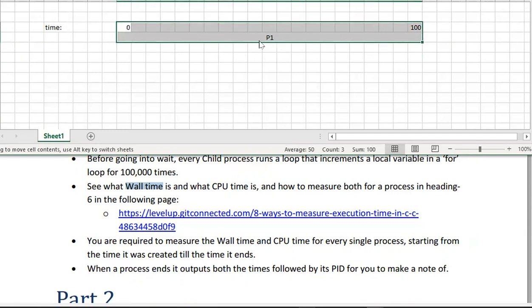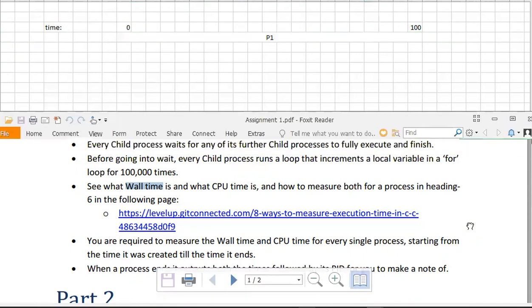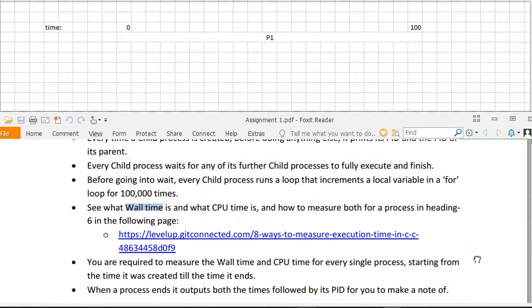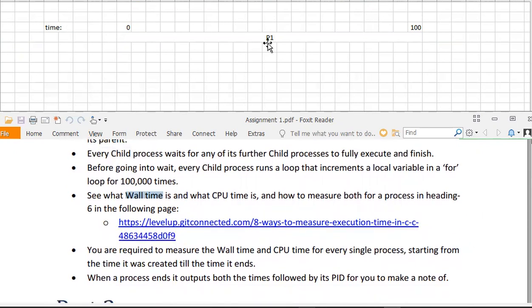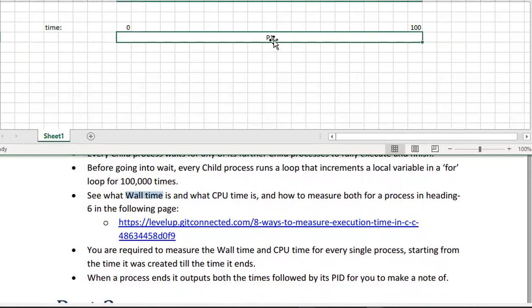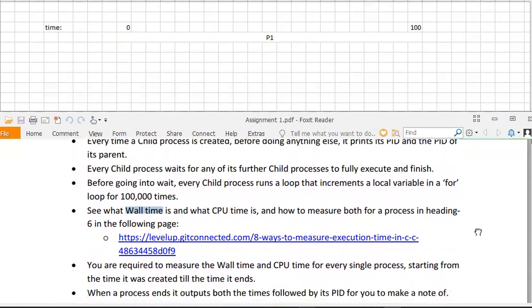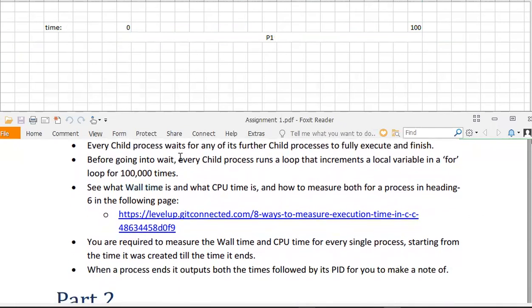But as I've said in the statement of the assignment, whenever a process forks a new child, it will wait for the child to finish execution. And the second thing is, before going into the wait, every child process runs a loop that increments a local variable in a for loop for 100,000 times.